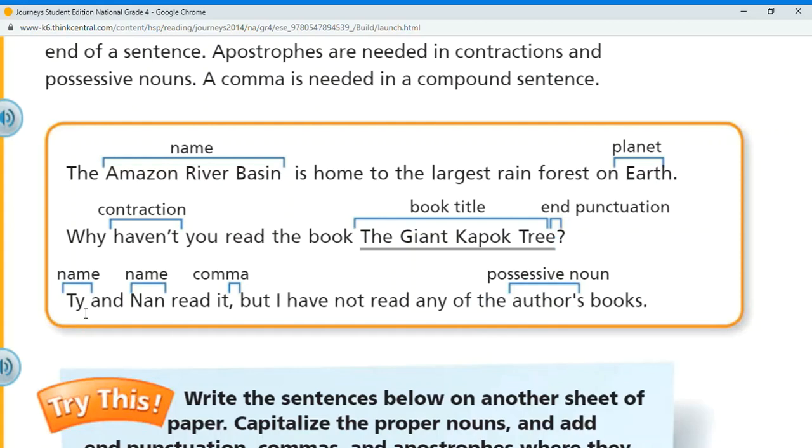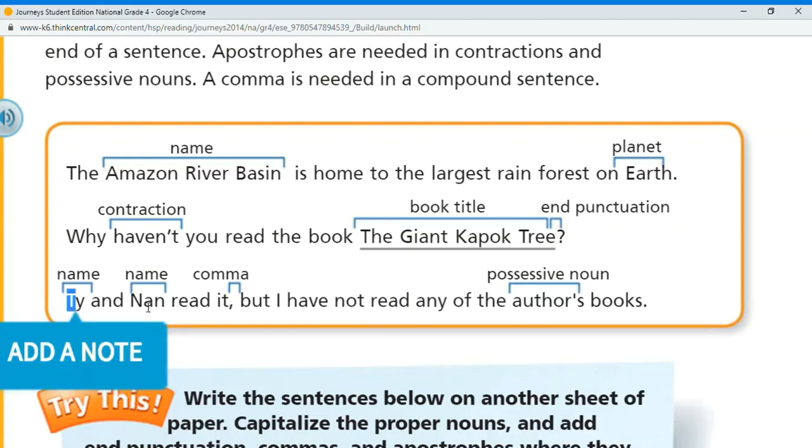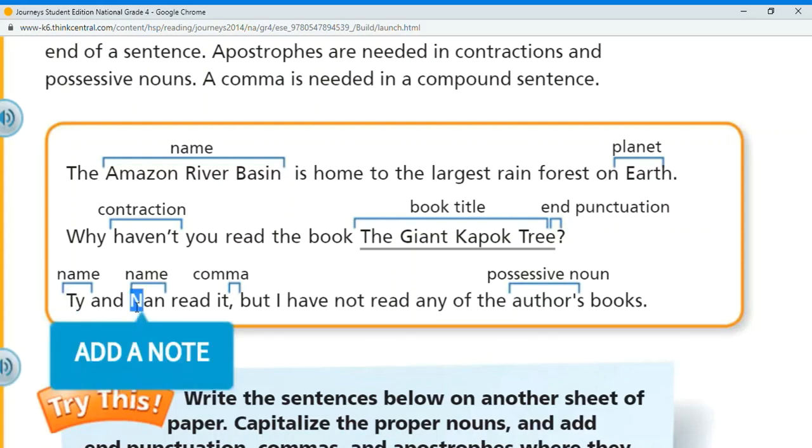The last example, guys, Ty and Nan read it, but I haven't read any of the author's books. So Ty and Nan, guys, are proper nouns, names of people. So that's why we capitalize the first letter of each name. And here, guys, we have a compound sentence.